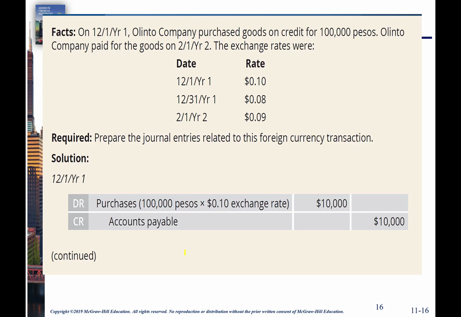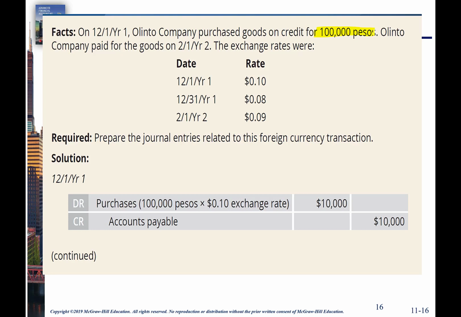We purchase, it doesn't say how many units, but it's 100,000 pesos is the cost of these items we're purchasing. Say it be those Mexican cookies that I was talking about.